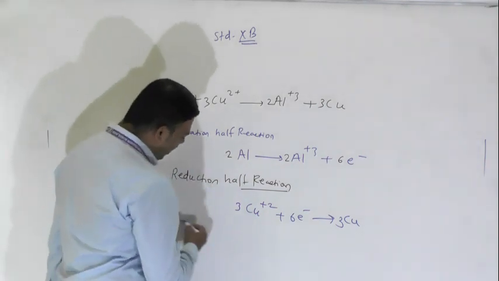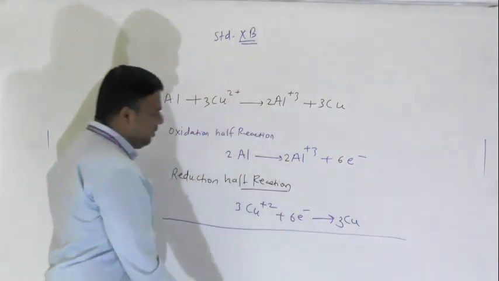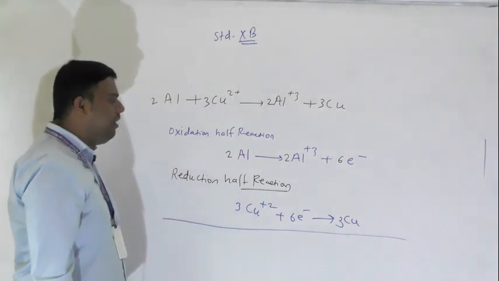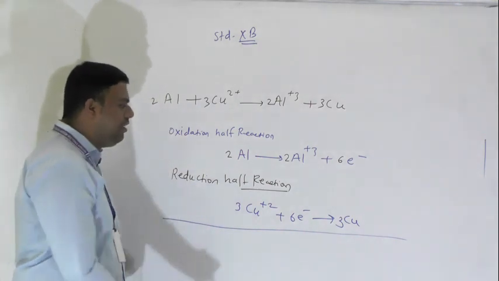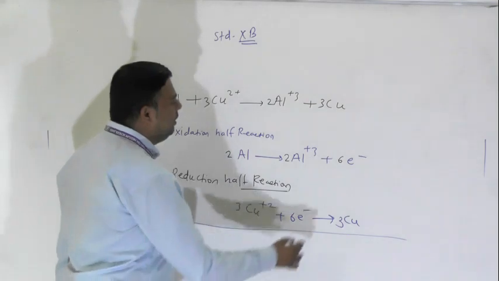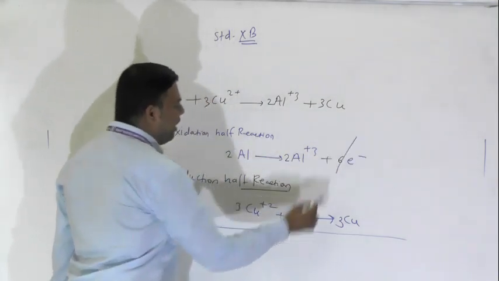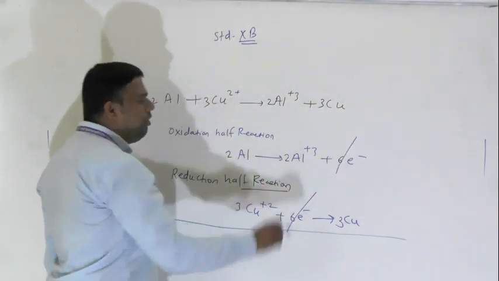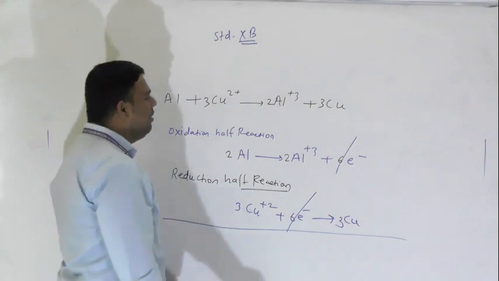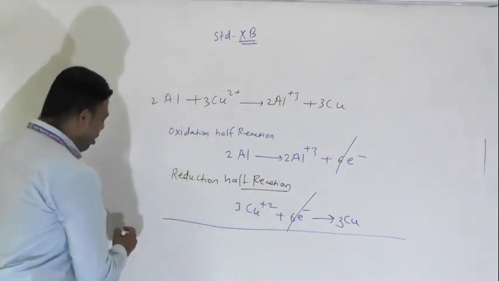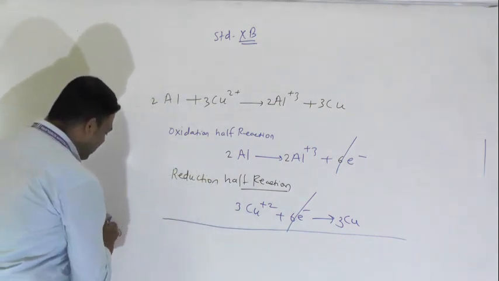Whenever we are writing the overall reaction, at that time what will happen? This 6 electrons and this 6 electrons will cancel out each other, and whatever overall reaction you get is like this.